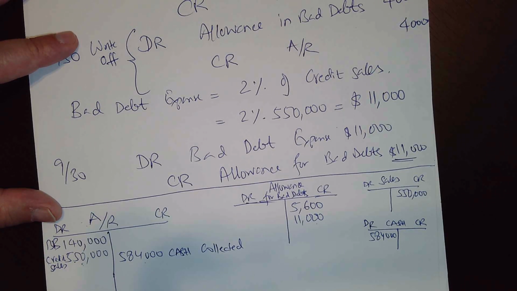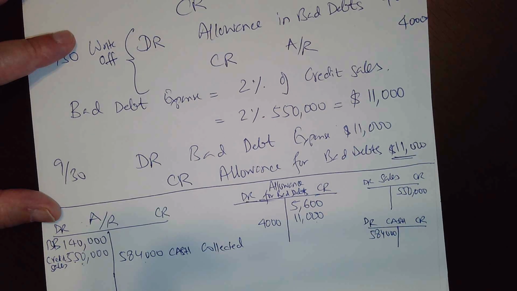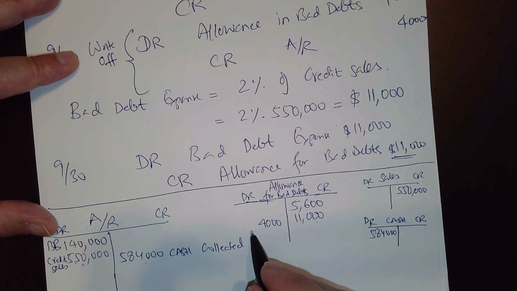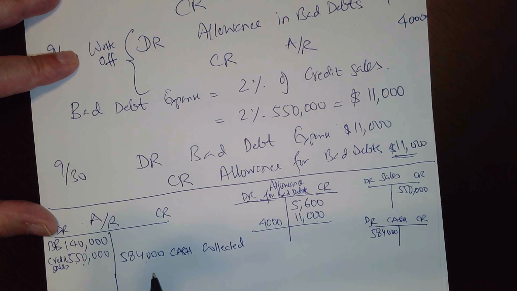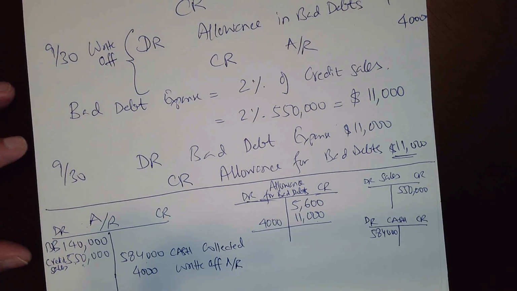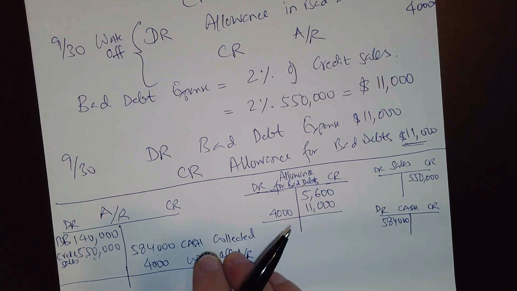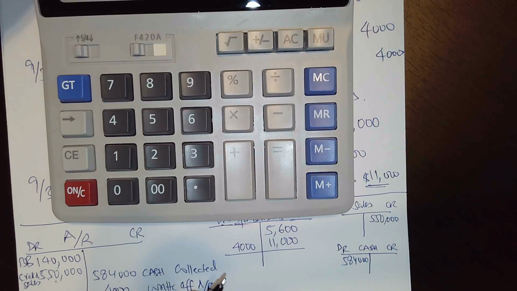Also, we have a write-off. When we write off, we always debit this allowance account. So the write-off of accounts receivable is $4,000, which means we're reducing our accounts receivable. What would be the balance of accounts receivable? Let's calculate.